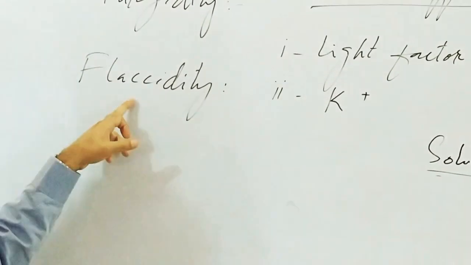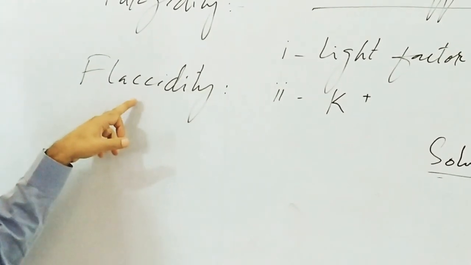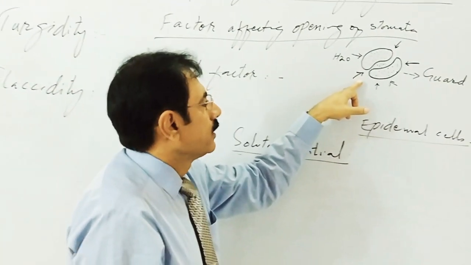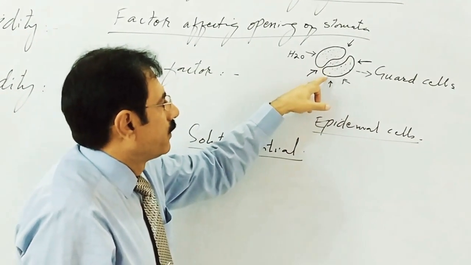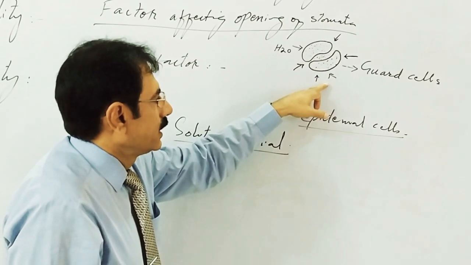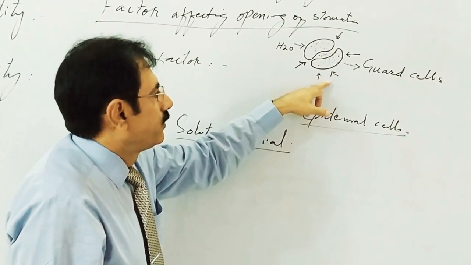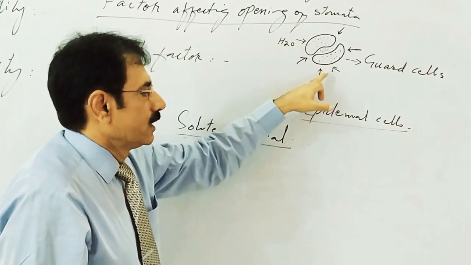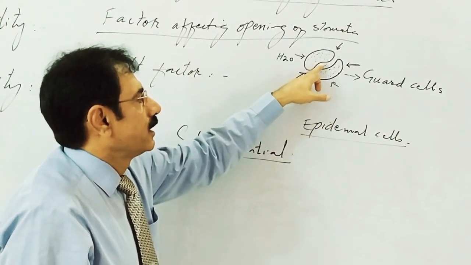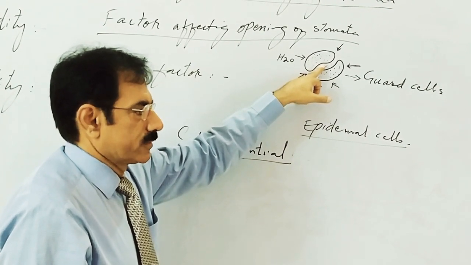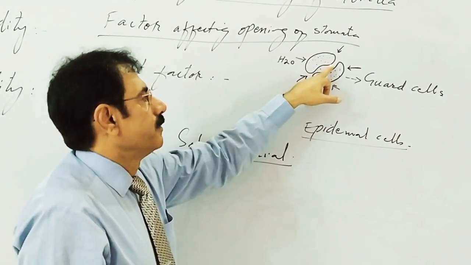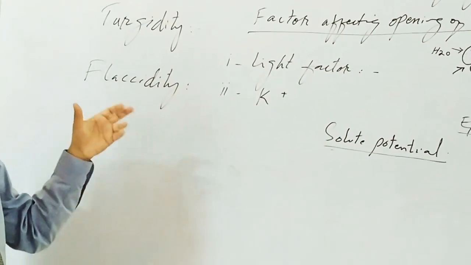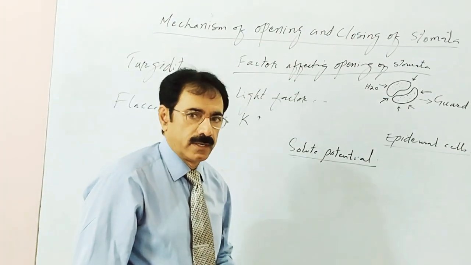When the water molecules leave the guard cells, especially during night time, it results in flexidity, and the cell itself is called a flexed cell. The flexidity closes the stomata pores during the night time. So it was all about the mechanism of opening and closing of the stomata pores.